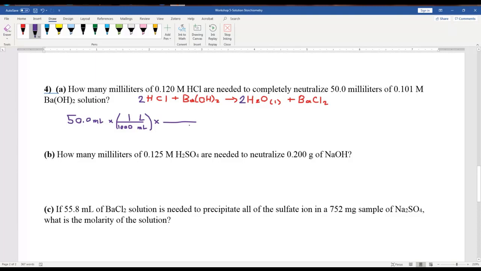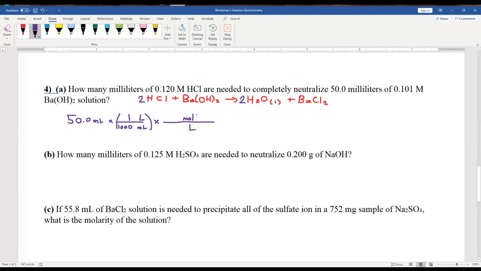What unit comes on the bottom of my next conversion factor? What needs to cancel? What comes here? Liters. Yes. And going to be what, moles on the top? What can I convert liters into? Moles. Moles of what? I guess this is going to be barium hydroxide. Now, how do you know it was barium hydroxide and not HCl?